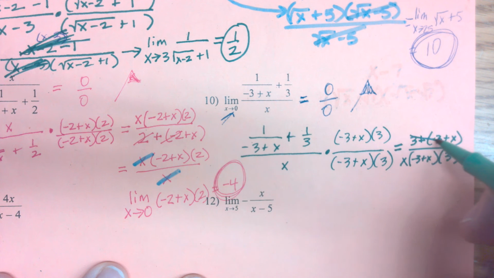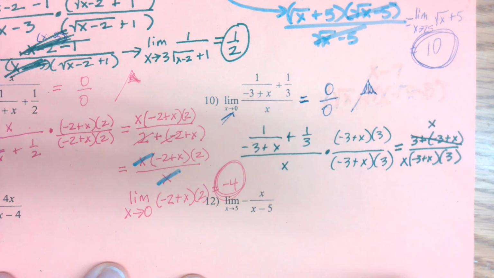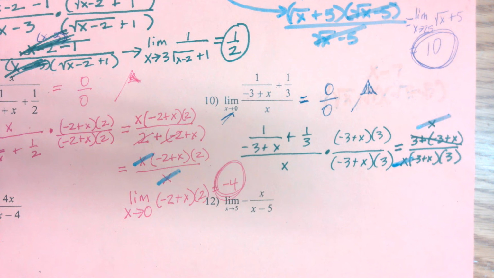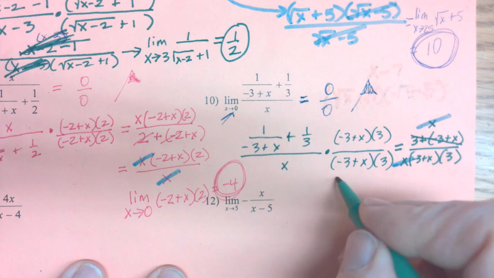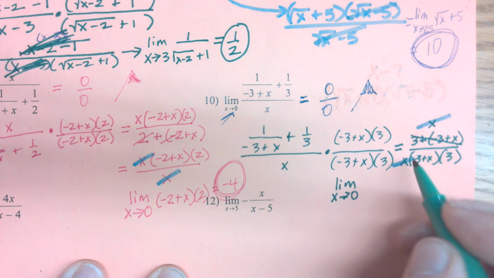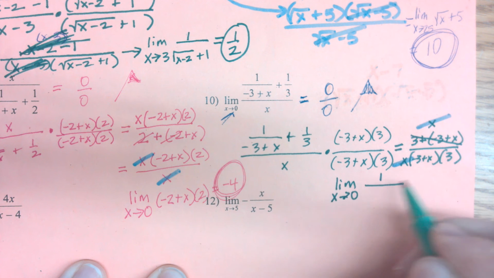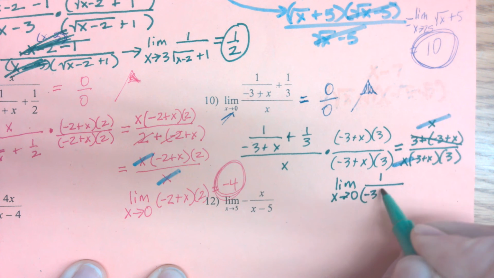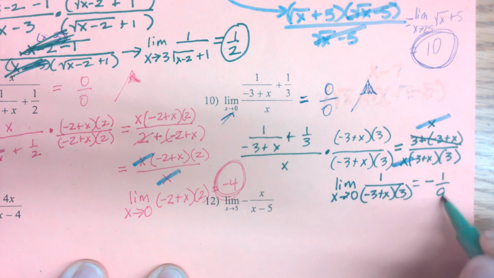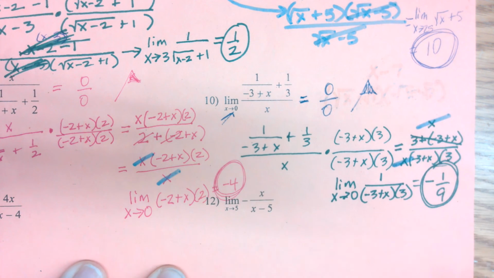Again, the top will be replaced with an x. 3 plus negative 3 is gone, which allows me to cross out the x's, which leaves me with a limit as x approaches 0 of 1 over negative 3 plus x times 3, or negative 1/9, and there's my limit.